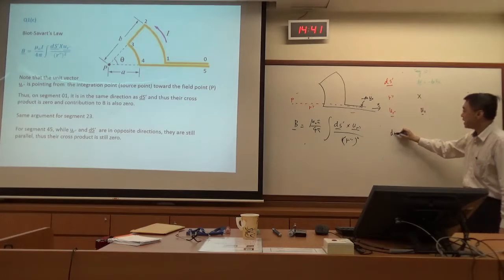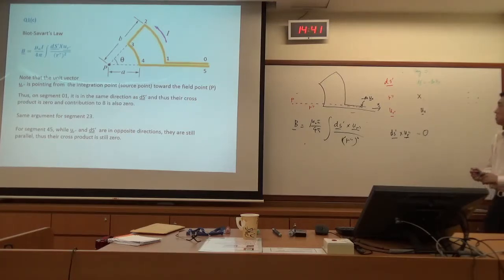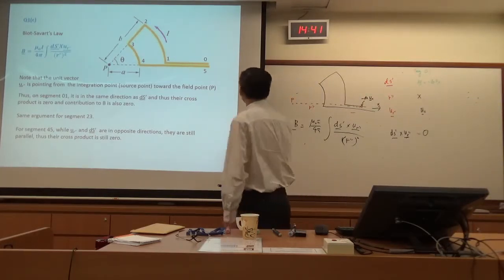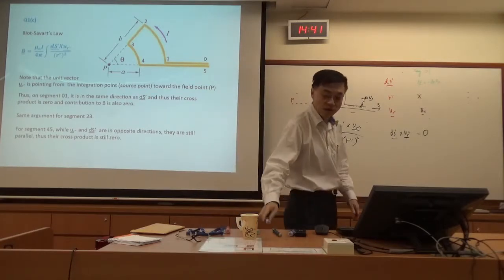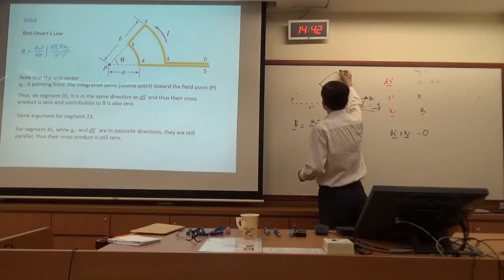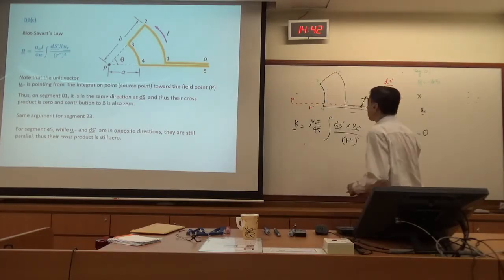So my ds prime cross ur double prime gives me 0, because this one cross this one is 0. Parallel wire.